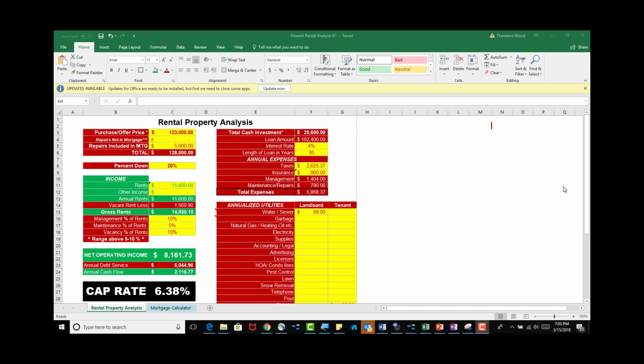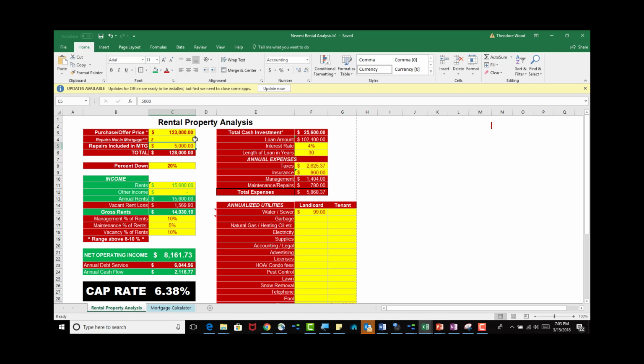All right. Let's kind of start at the top. We always start with the offer price, purchase price, whatever that we buy at. Now, there's two kinds of repairs that you can have. All right. And I'm not a CPA or anything like that. But if you can, obviously, especially if you have significant expenses up front, you'd like to include it in the mortgage.